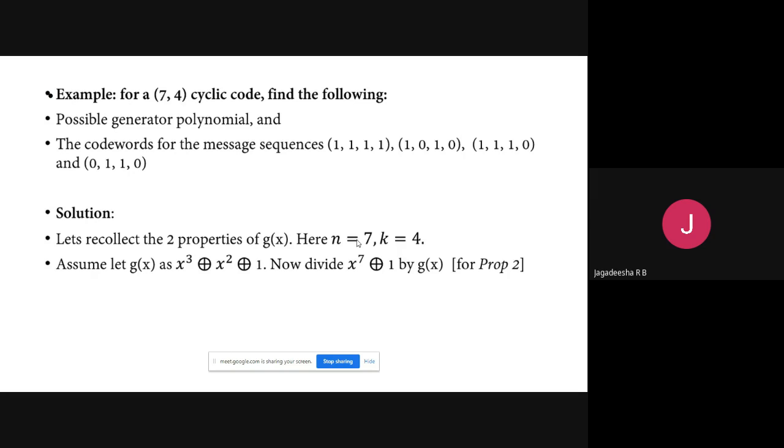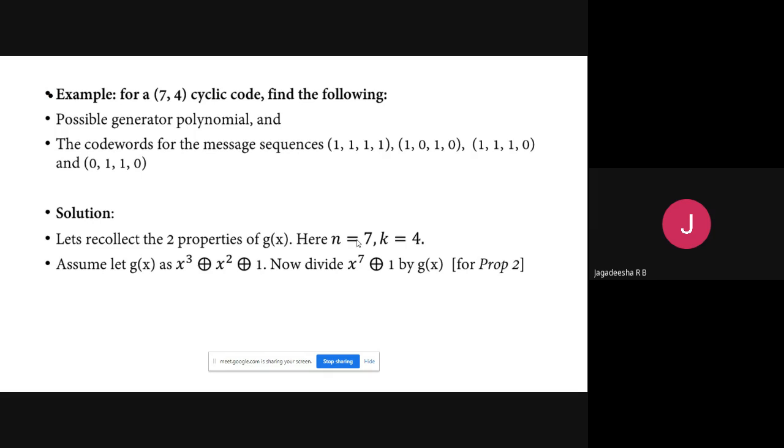Now divide x power 7 plus 1 by g of x. We have assumed some g of x, and now we divide x power 7 plus 1 by g of x. Why? Because the second property says whatever generator polynomial you consider, that should be a factor of x power n plus 1.